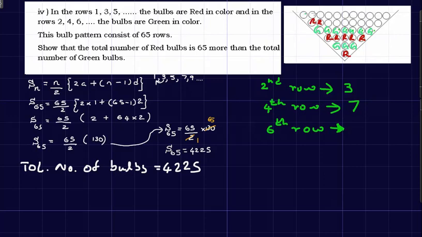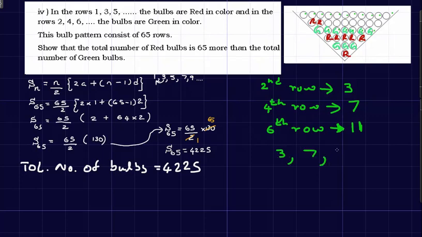So 1, 2, 3, 4, 5, 6, 7, 8, 9, 10, 11. So now, when we write the number of bulbs in the even numbered rows, let's write using commas. Check whether you can see a particular pattern.